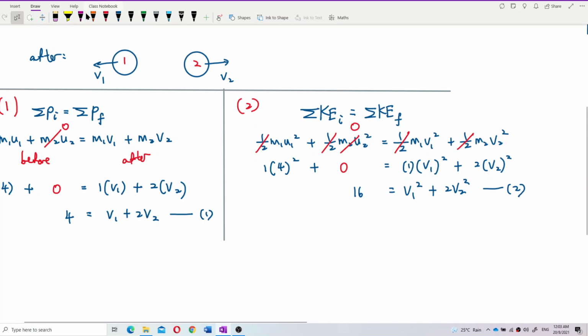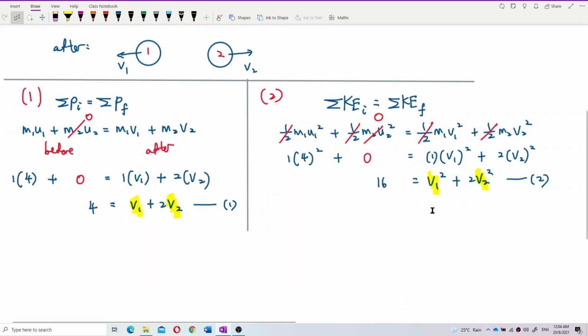So we have two unknowns here: v1 and v2 here, and v1 and v2 here also. So we do simultaneous equations, and we can find v1 and v2. How do we do this? It seems like we need to do substitution.